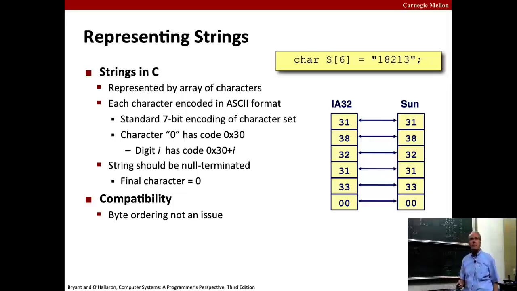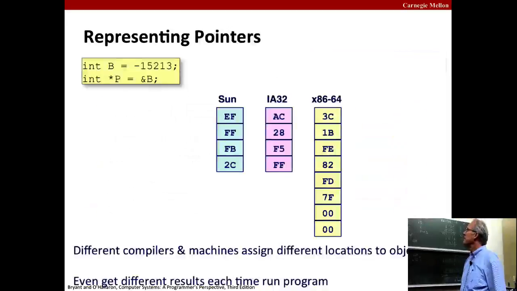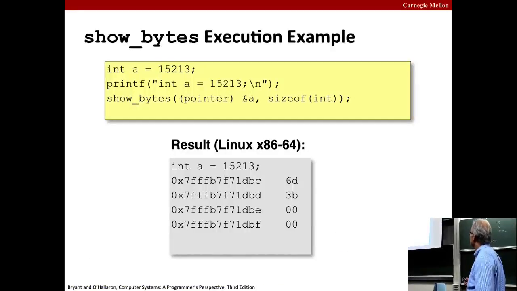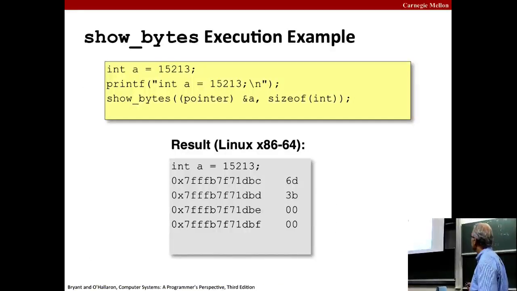Question? When you're using the address-of operator in the previous slide, will that return an 8-byte number, and then you're casting it to a 4-byte number? So I'm casting, I want to show the 4-byte size of int, because this is an int I'm representing.